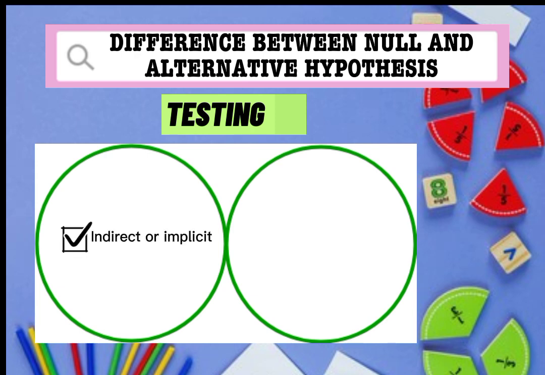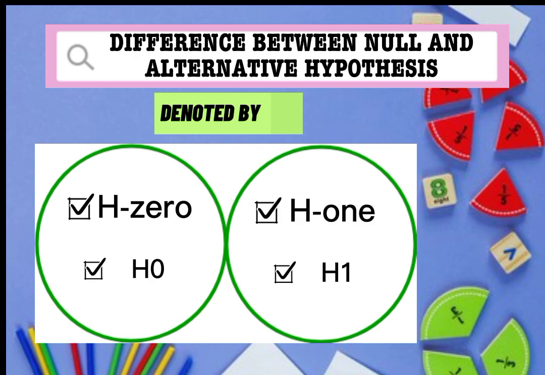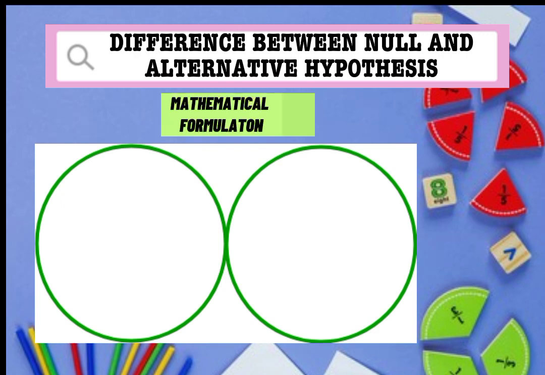On the other hand, the alternative hypothesis indicates sample statistic wherein the testing is direct and explicit. Sixth, denoted by: a null hypothesis is labeled as H0, while an alternative hypothesis is represented by H1.